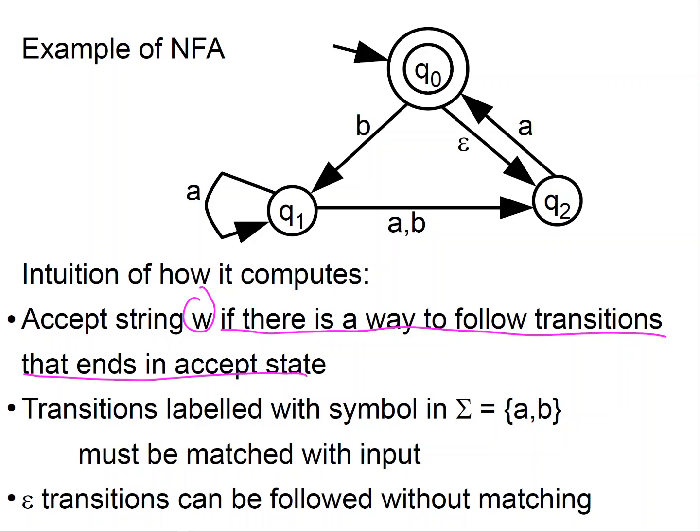There can be more than one way, but if there is at least one way that ends in an accept state, then we accept the input. The transitions which are labeled with symbols from the alphabet must be matched with the input, while the epsilon transitions can be followed without matching.